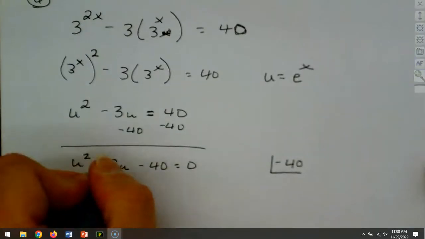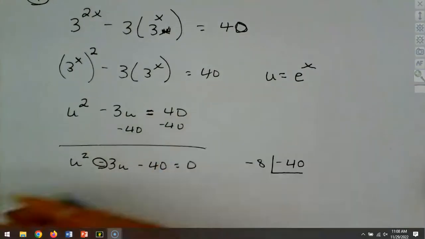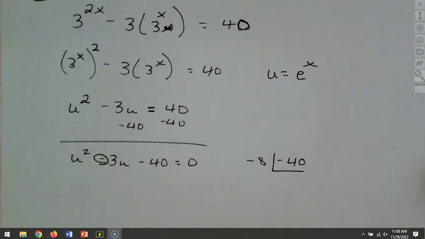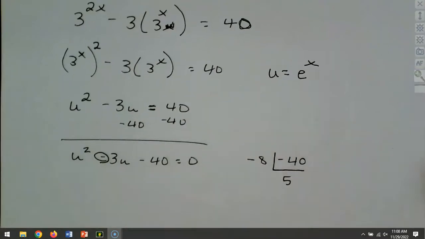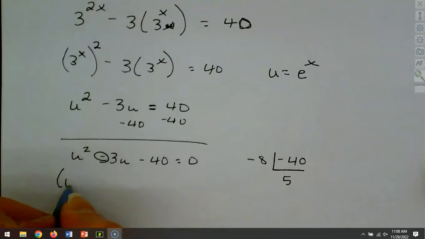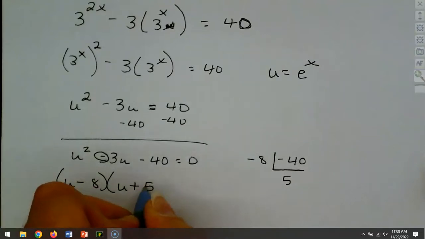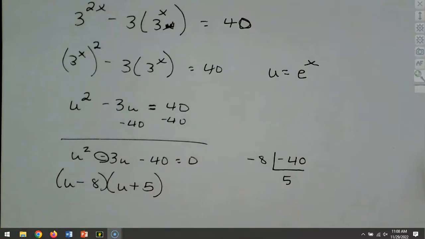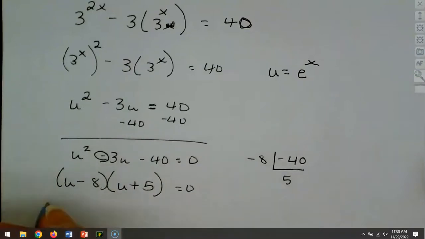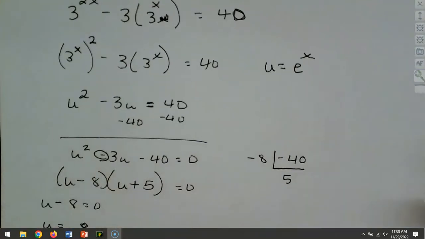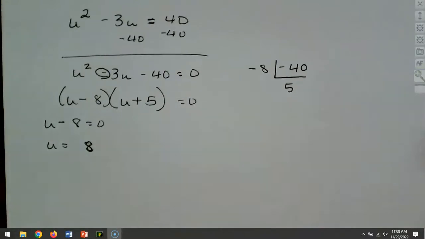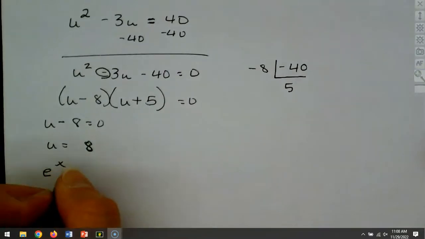Sign in the middle is negative, so that means the larger number is negative, so that's a negative 8, positive 5. That then factors into u minus 8, u plus 5, right? Equals 0. So now we've got u minus 8 equals 0, so u equals 8. What was u again? U was e to the x.